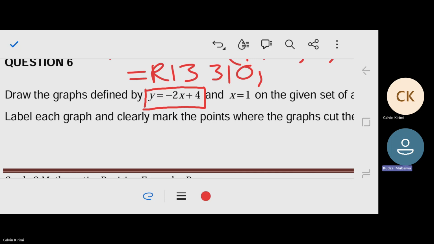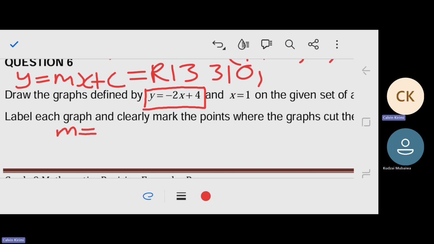The gradient is what? Do we have to write down the gradient formula? But I told you, if the equation is in standard form, you must know now: y equals mx plus c.